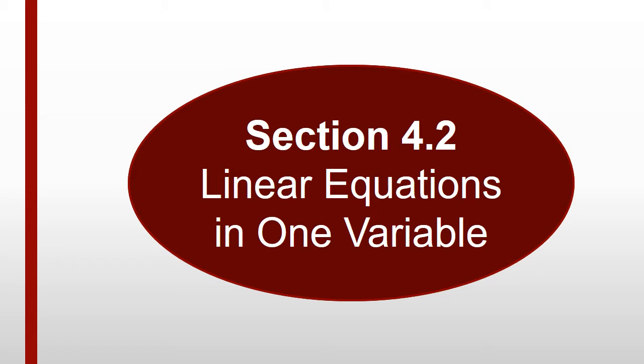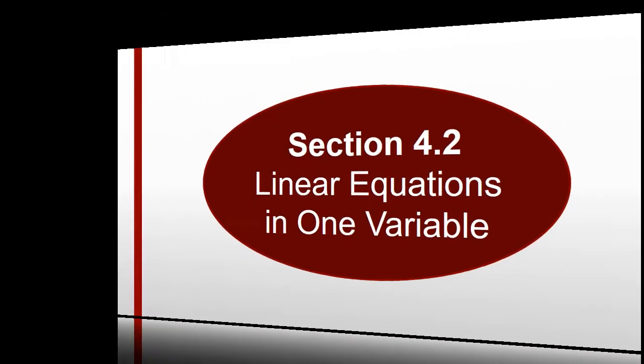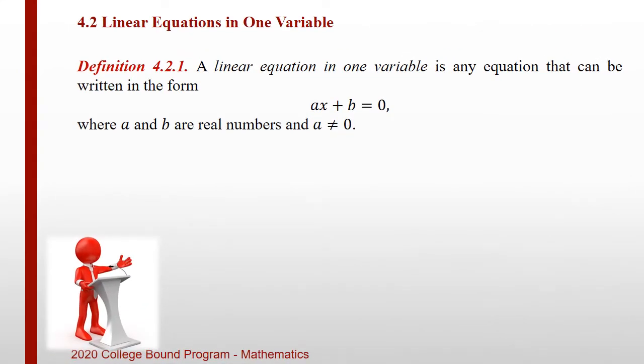We will now proceed to section 4.2, where we will discuss linear equations in one variable and how to find their solution sets. A linear equation in one variable is an equation of the form ax plus b equals 0, where a and b are real numbers and a is not equal to 0.